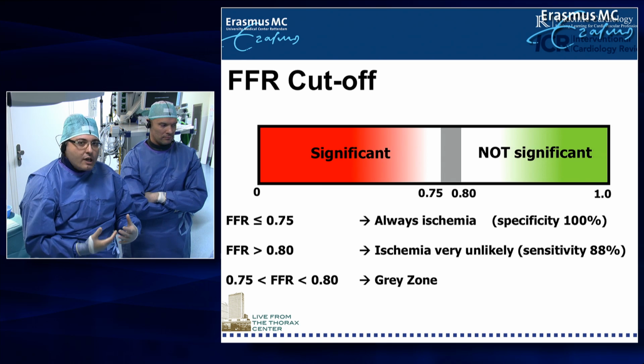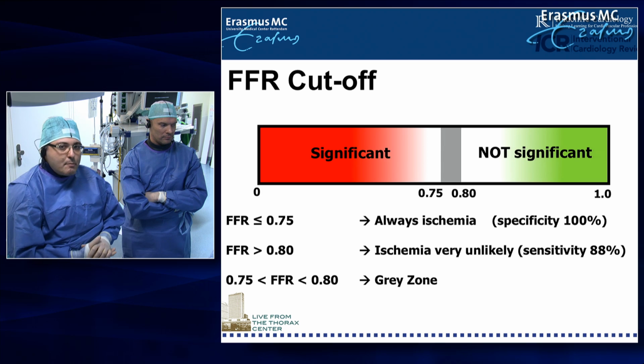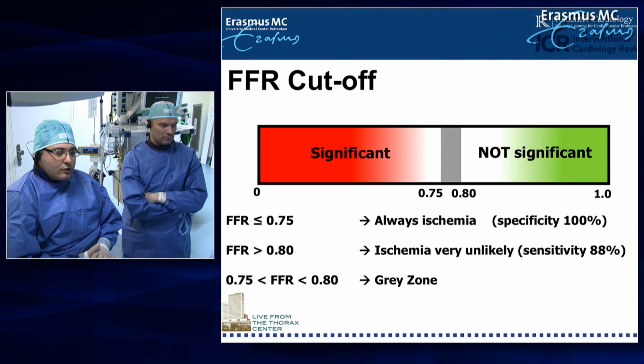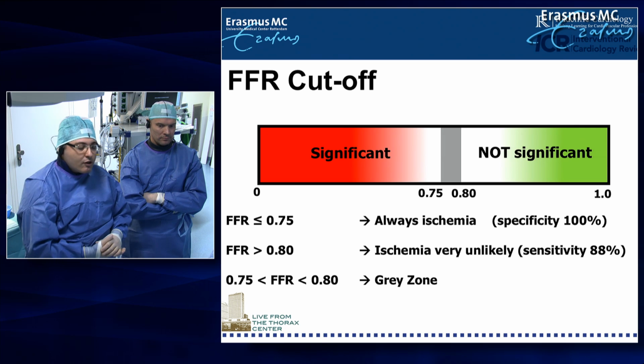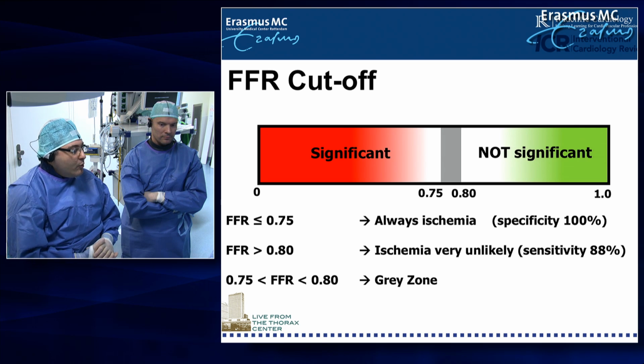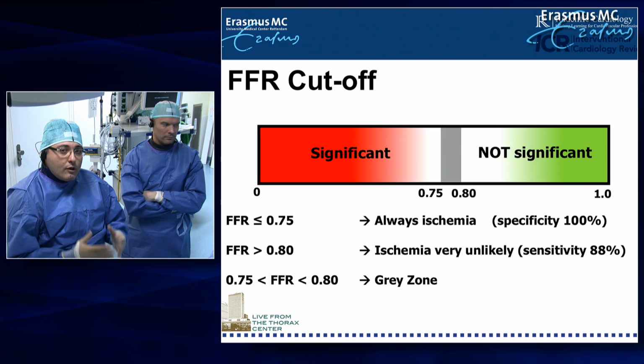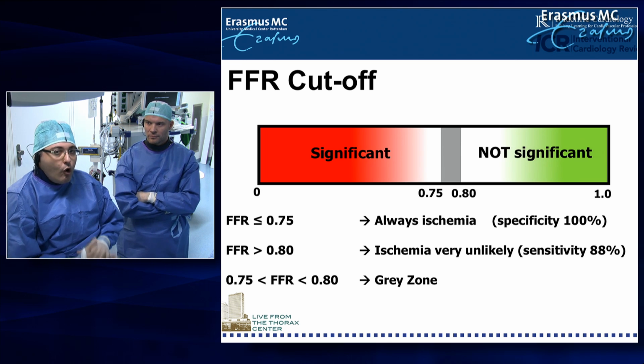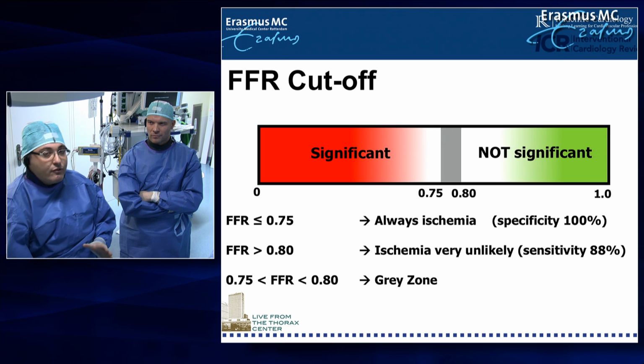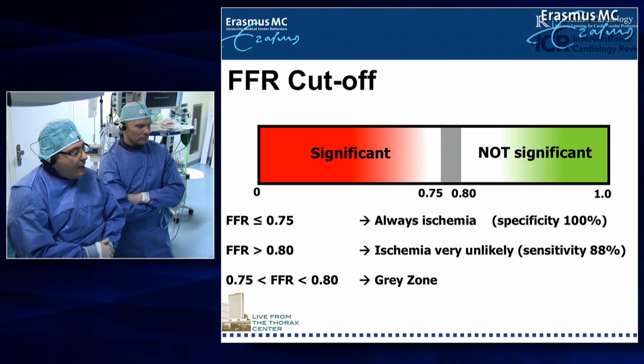And we started having a look at what could be the best cutoff for this decision making. We started with 0.75 with FFR, and we observed that with a value below 0.75, we always have ischemia after a coronary lesion.